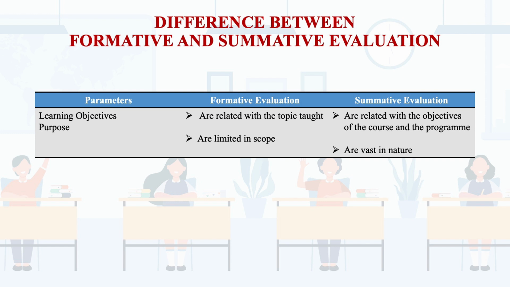So the learning objectives are not based on a particular content, rather on the entire course, because we have to do the certification and the grading. And further, formative evaluation is limited in scope, whereas summative evaluation is vast in nature because it includes formative evaluation.